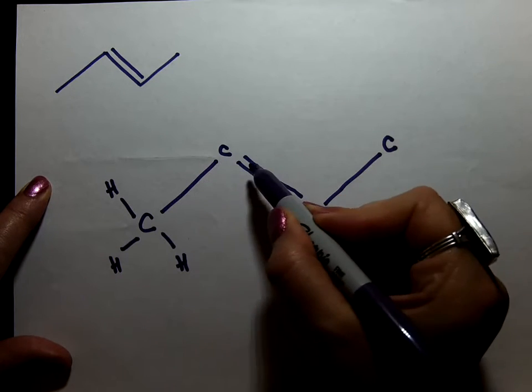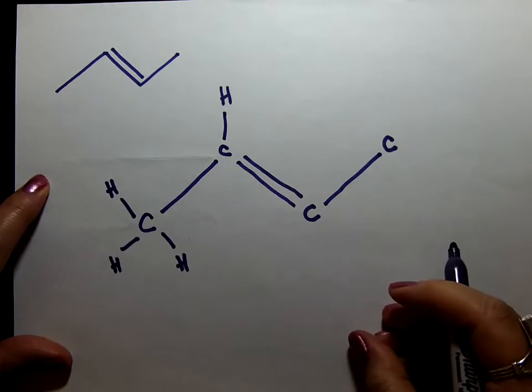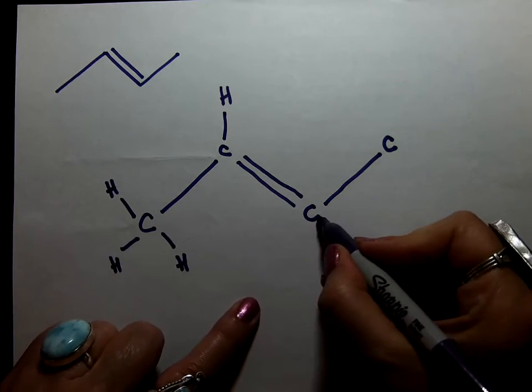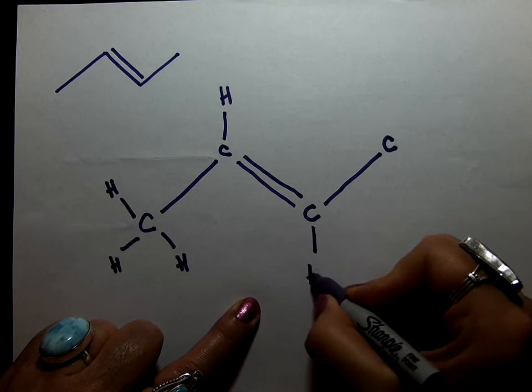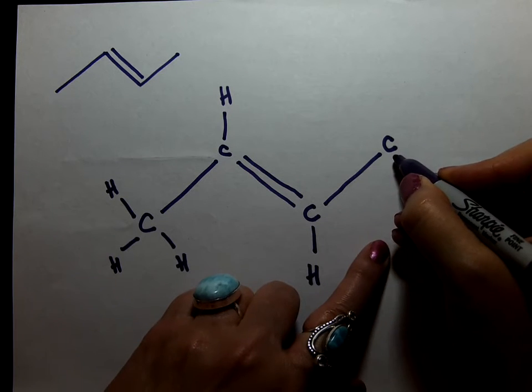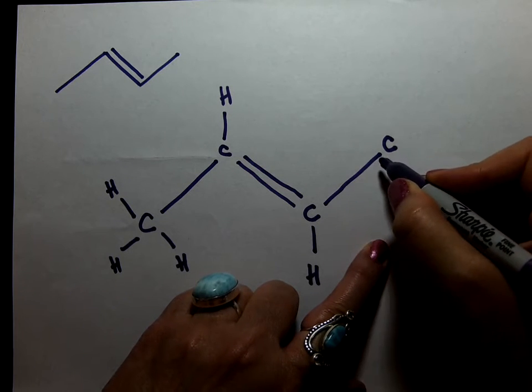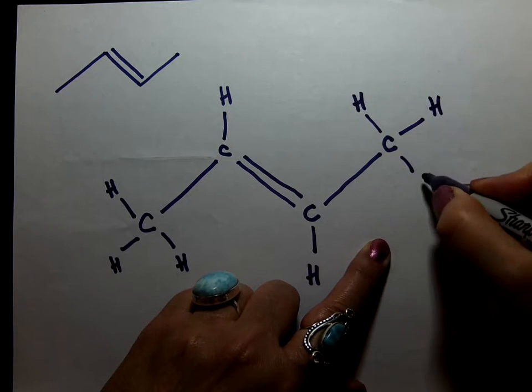It has 1, 2, 3 bonds, so it only needs 1 hydrogen atom. This carbon atom has 1, 2, 3 bonds, so it only needs 1 bond to a hydrogen atom. And now this carbon only has 1 bond, so it needs 1, 2, 3 more to hydrogen atoms.